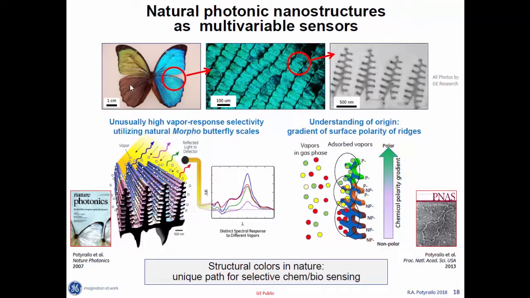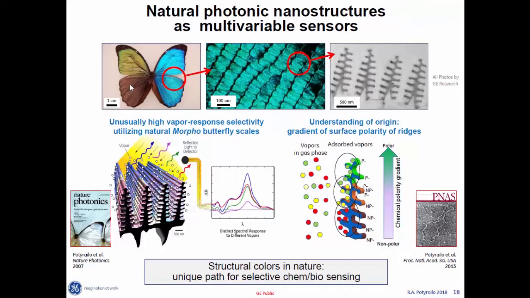Again, when you take the optical microscope and zoom in, you see that the scales are about 100 by 50 microns. When you take the scales, slice them, and put them into a transmission electron microscope, you see these types of tree structures with multi-layer interference structures that are called lamella.